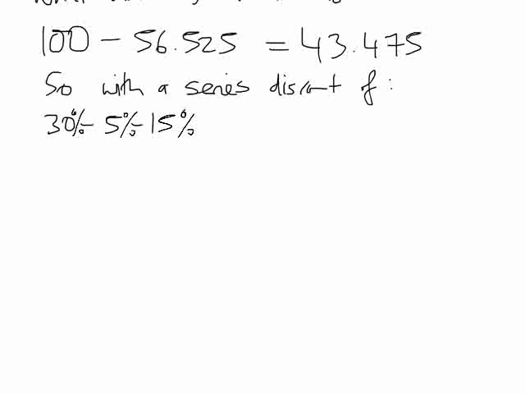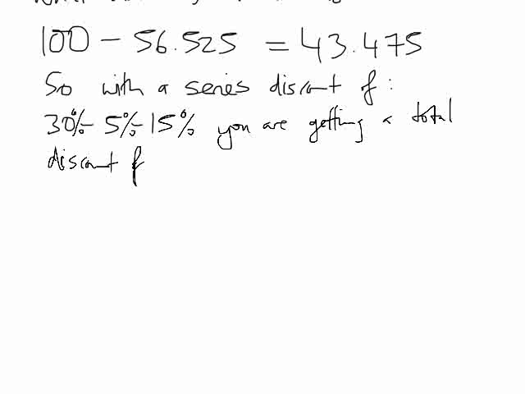With a series discount of 30%, 5% and 15%, you are getting a total discount of 43.475% as a result of those three.